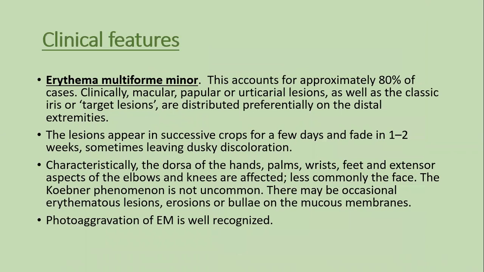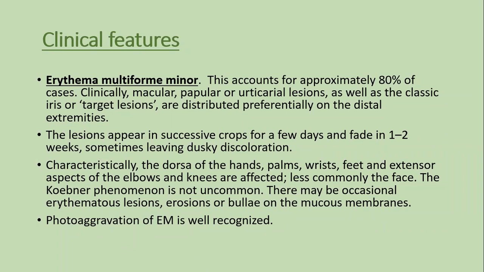Clinical features. Erythema multiforme minor accounts for 80% of the cases of this syndrome. Initially the lesions are macular, later papular and urticarial, and typically targetoid. The lesions appear in successive crops over a few days and fade in 1 to 2 weeks, sometimes leaving dusky discoloration.